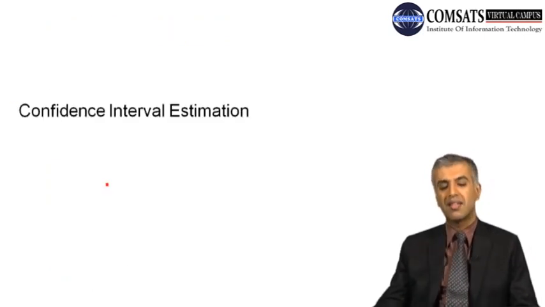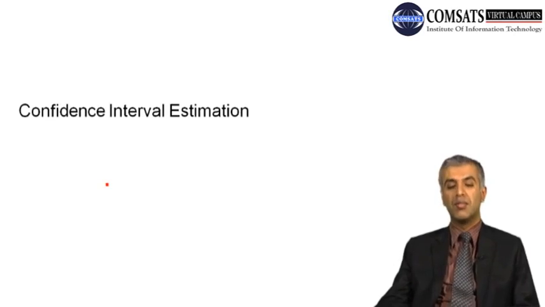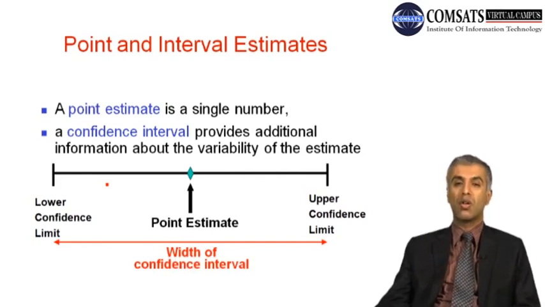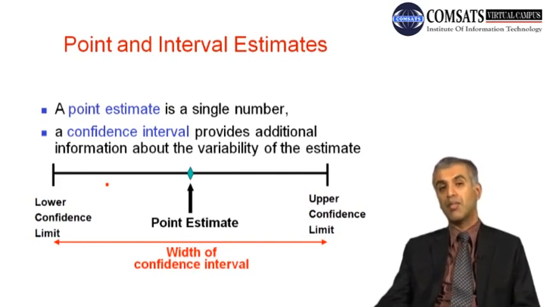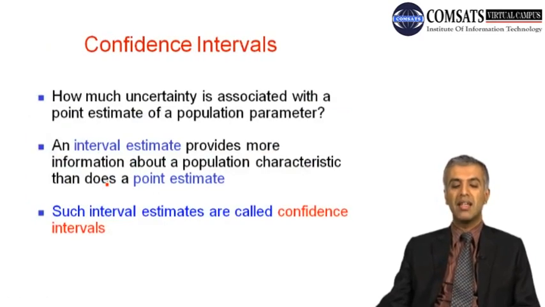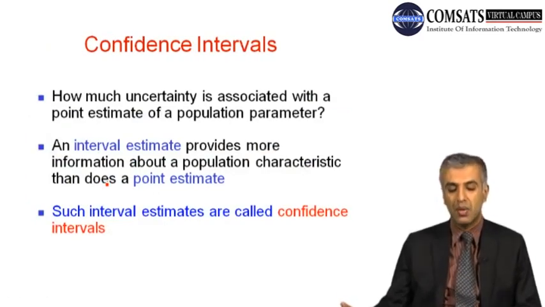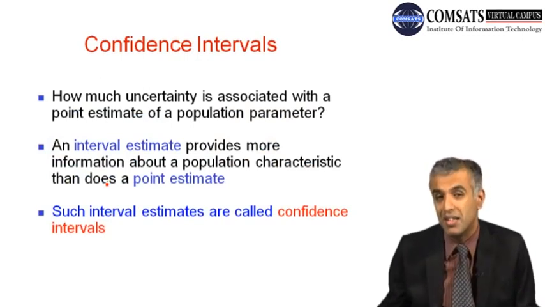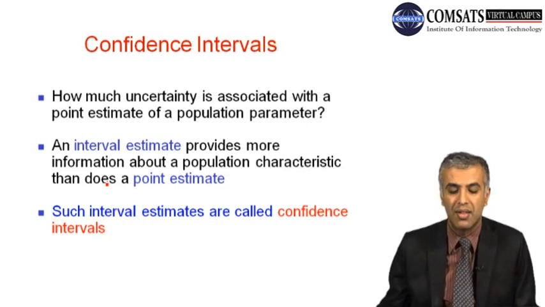Then we had a discussion on confidence interval estimation, how to calculate it, what the point estimate is, and how to find the lower confidence limit and the upper one, and how we can represent the population parameter and the sample statistic here. We also covered how to calculate the interval estimate and point estimate, and why we need a confidence interval.